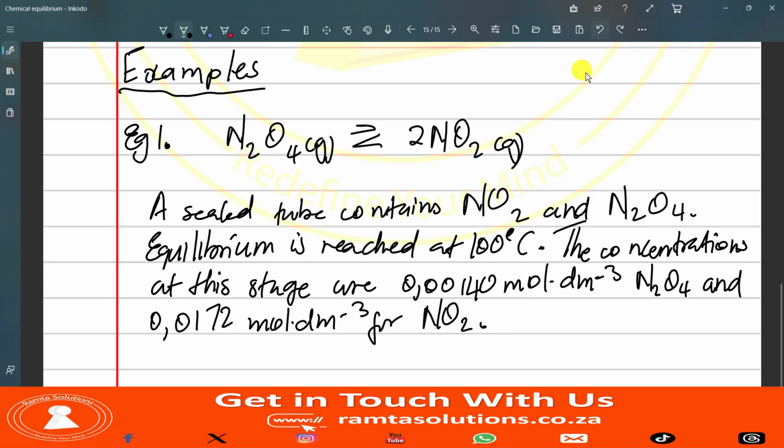Now, calculate the Kc. Calculate the equilibrium constant.